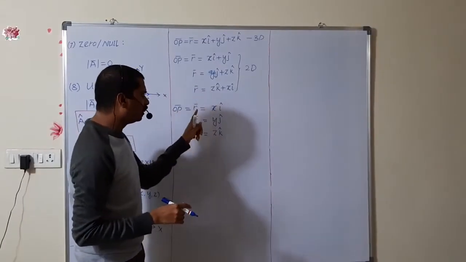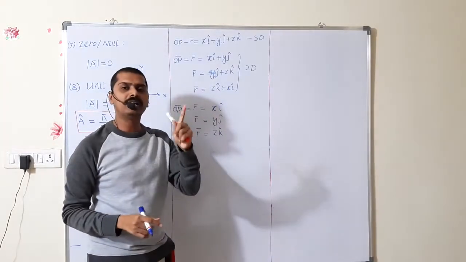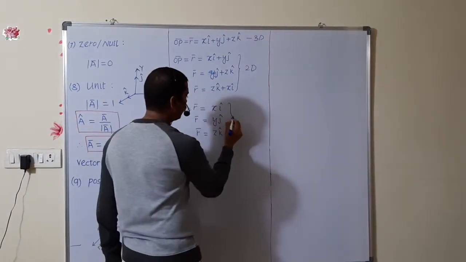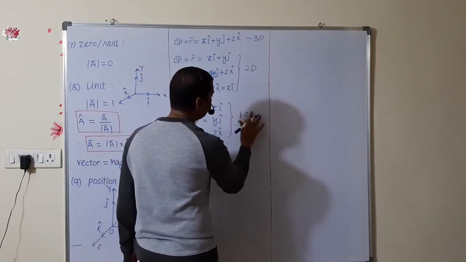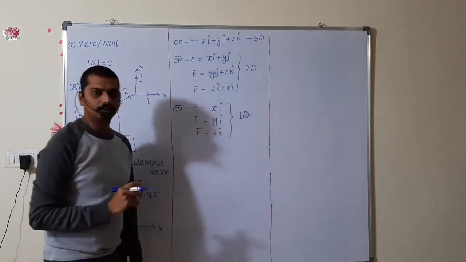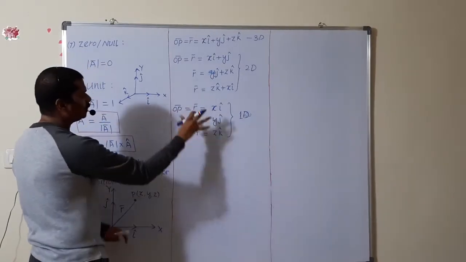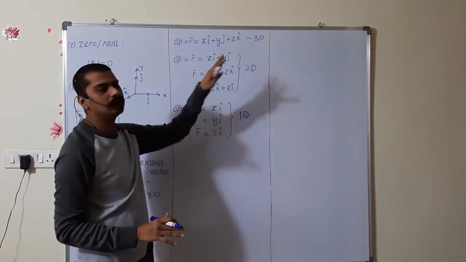In one-dimensional motion, the particle changes position along any one of the three axes. This we can say is one-dimensional motion. We can discuss 1D and 2D later. Now we have written the position vector for 1D, 2D and 3D motion.